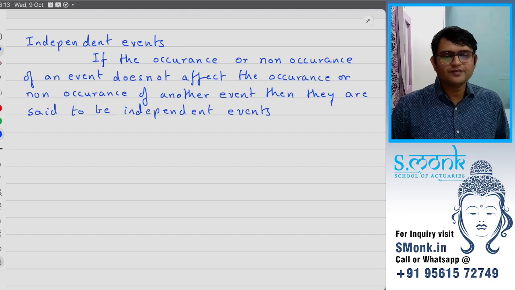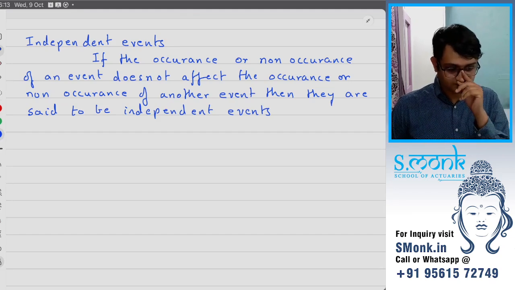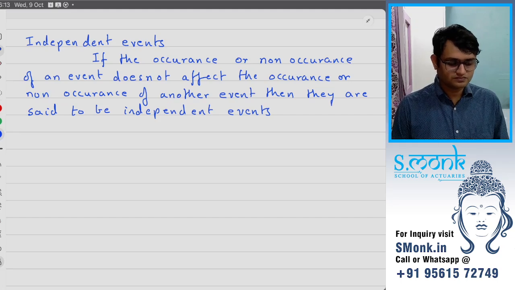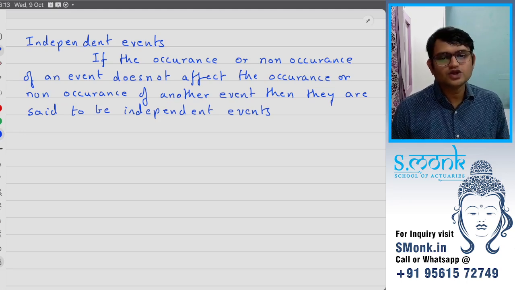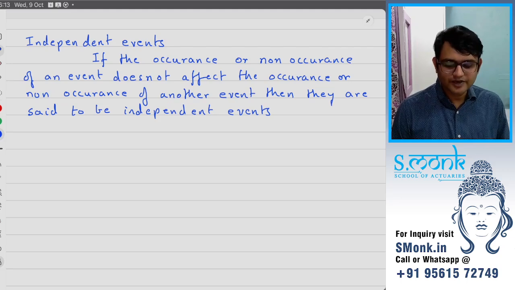Next term is independent events. If the occurrence or the non-occurrence of an event does not affect the occurrence or non-occurrence of another event, then they are said to be independent.